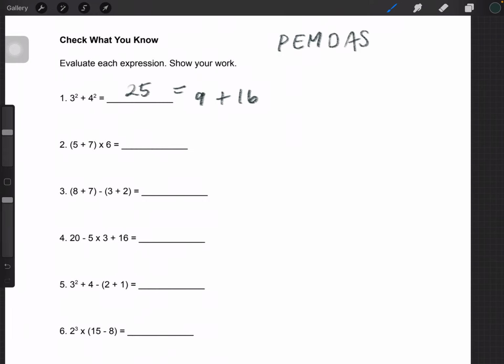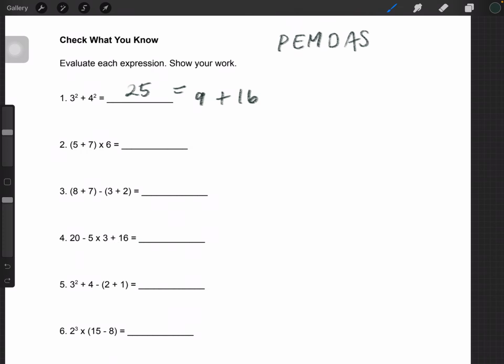Okay, so similarly, you have number 2, you would do the ones in parentheses first because the P comes first. P is parentheses, and then multiplication, and then the addition. Just multiplication, because the addition is in the parentheses. Something like number 4 over here, you have multiplication, subtraction, addition, and you want to do the multiplication first.